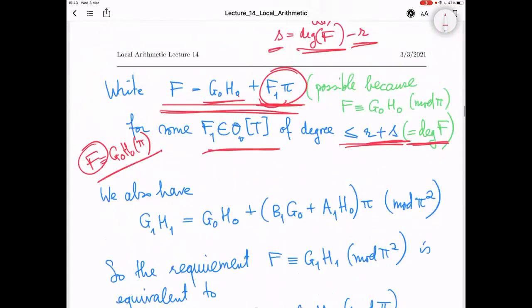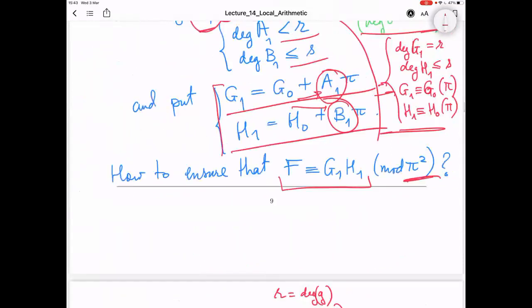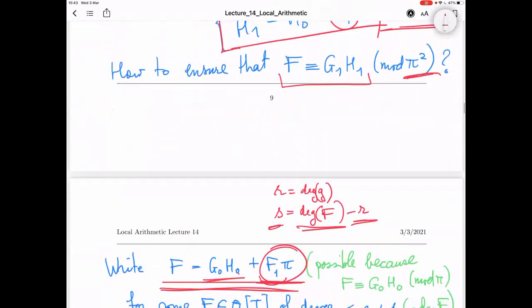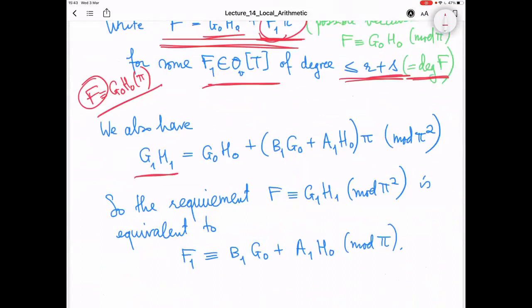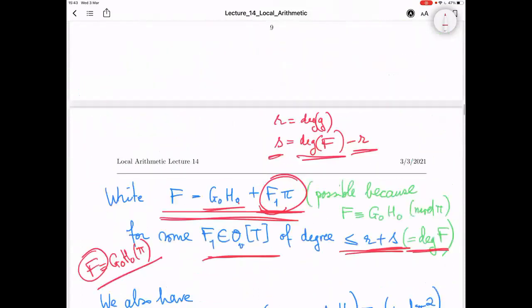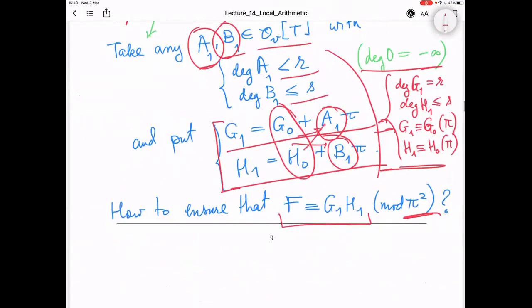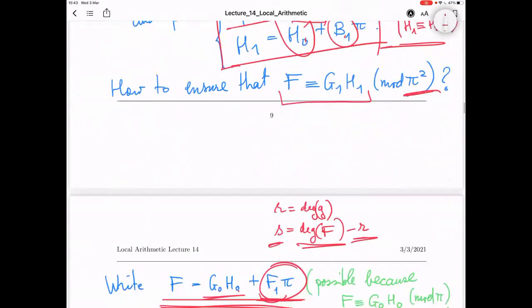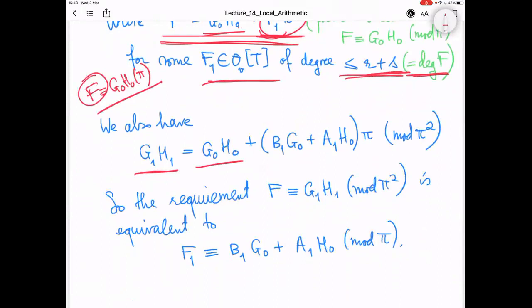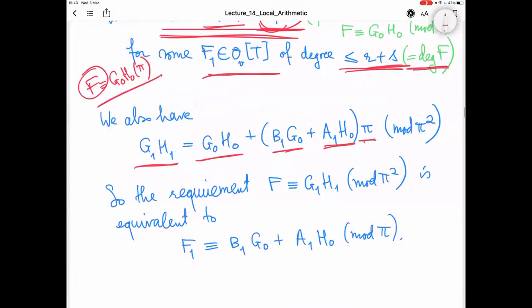Now, these G1, H1 that we have defined here, if I multiply them out, what do I get? G1 times H1 is G0, H0, that's a product of these two terms. Then there are these cross terms, G0 B1 plus H0 A1 times pi, right?